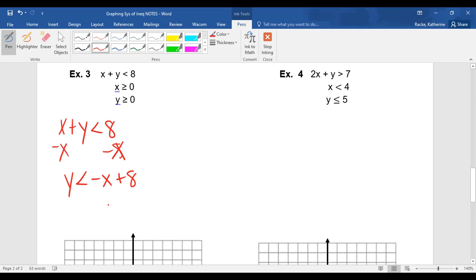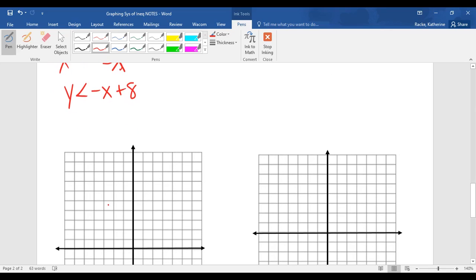Because it's less than, remember it is going to have to be a dotted line, so we'll go ahead and graph that one. So plotting the first point at 8. And now it's down 1 over 1. So dashed line.